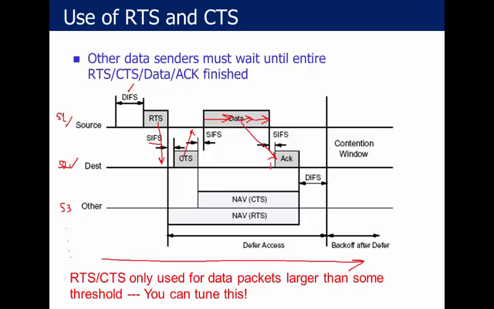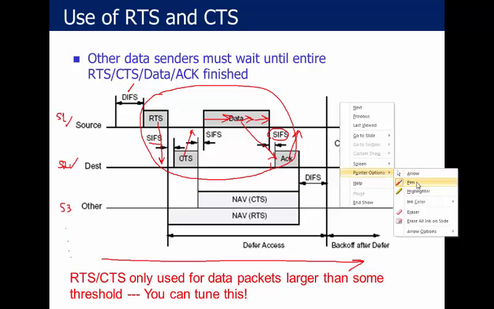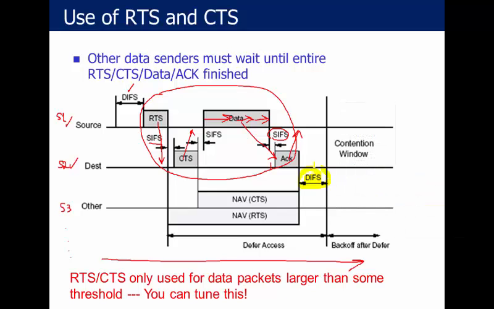But at the destination, we have to wait another short interframe space, and after that, send the acknowledgement. Once it is done, this one packet transmission is done. Then, as we did here, the distributed coordination function based interframe space needs to be waited. See here?